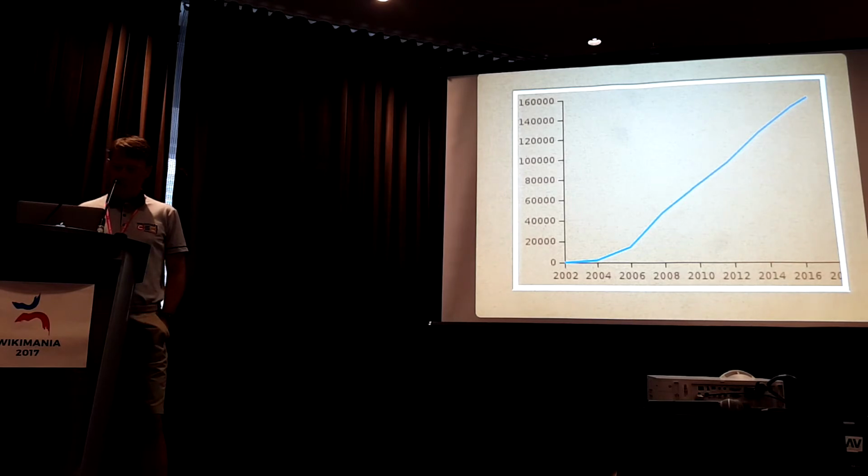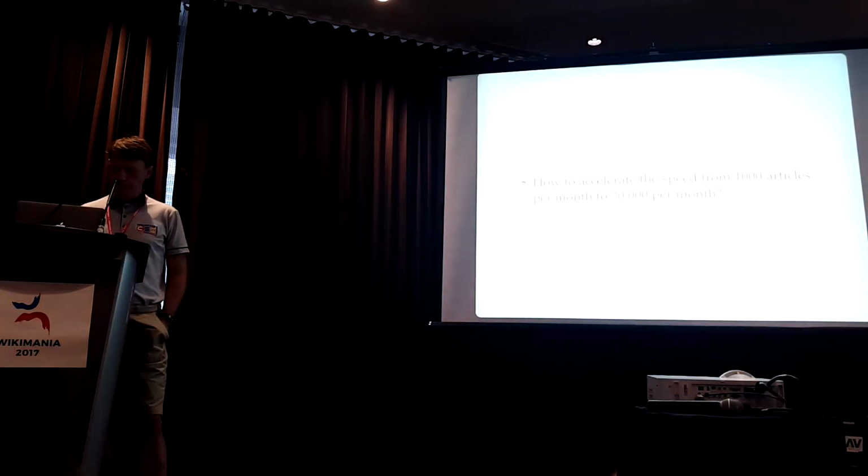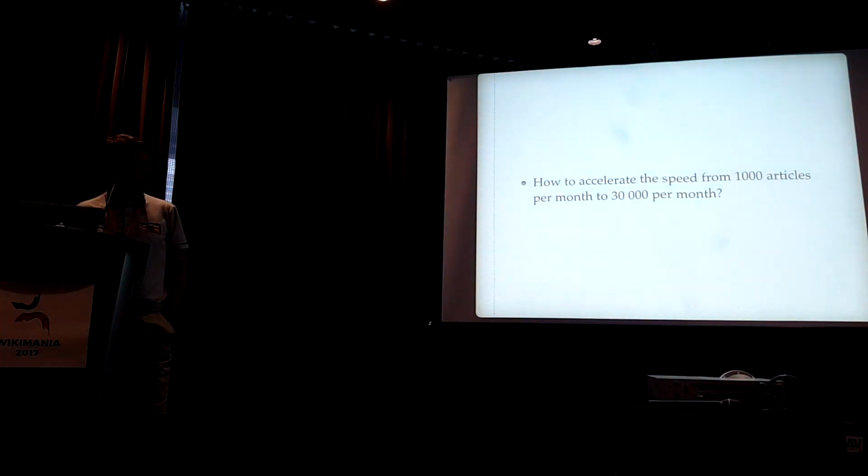But in order to make this big jump, we have to increase and accelerate the speed from 1,000 articles per month to 30,000 articles per month. So how to do it? Either we teach Estonian to another 30 million people so that they could help us, or we should find some internal resources to increase Wikipedia.